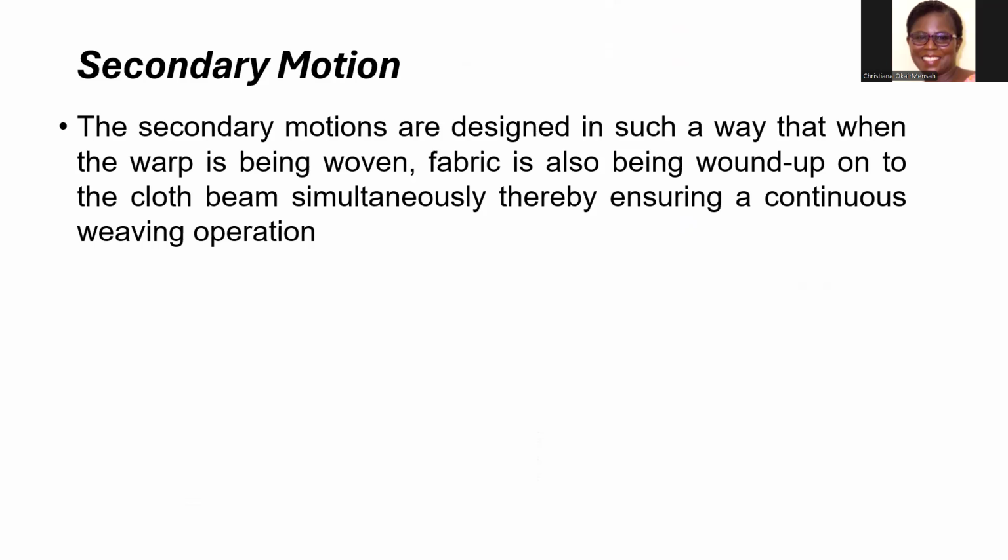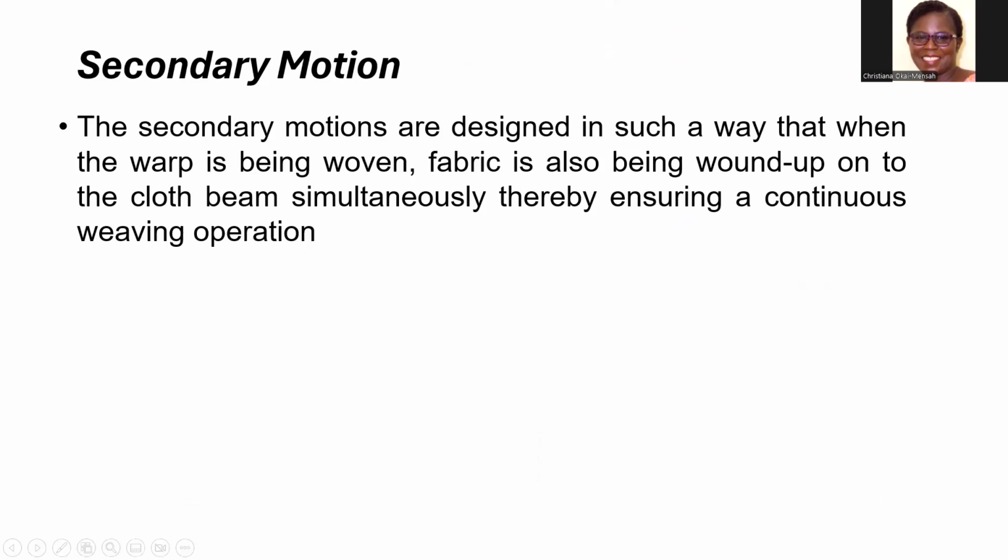It means that you are supposed to what? Wind the already woven fabric onto another beam on the loom so that you can get fresh yarns to weave. If that happens, you need the secondary motions to help you.